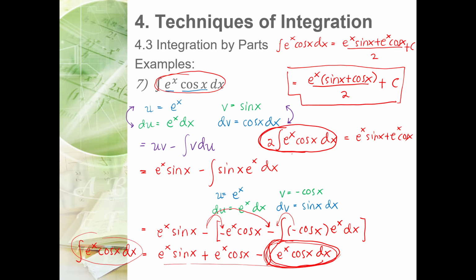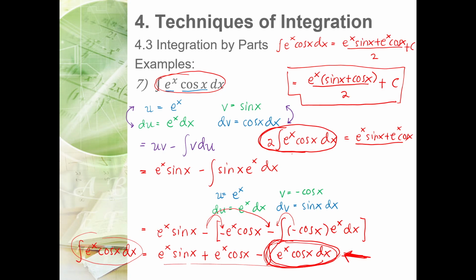So you have 2 times the integral of e to the power of x cosine x dx, which is equal to the right side. So notice that it disappeared, right? So this portion here has been combined with the left side. So meaning you have two integrals of e to the power of x cosine x dx.